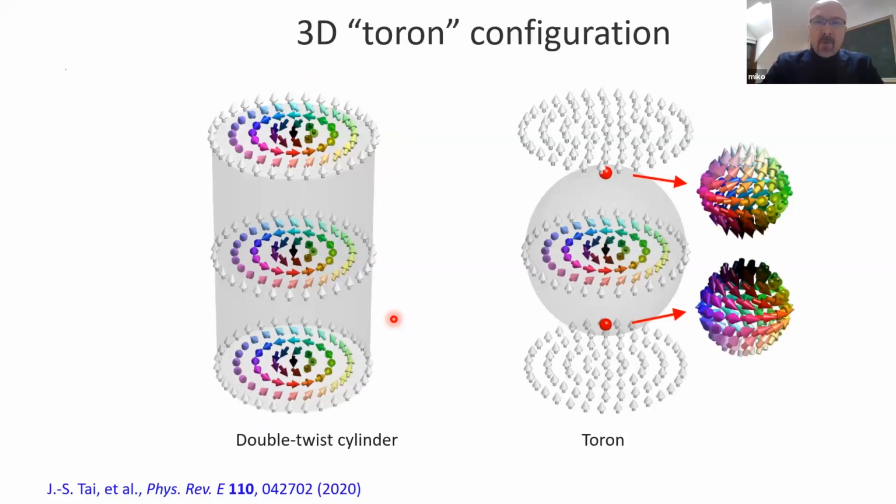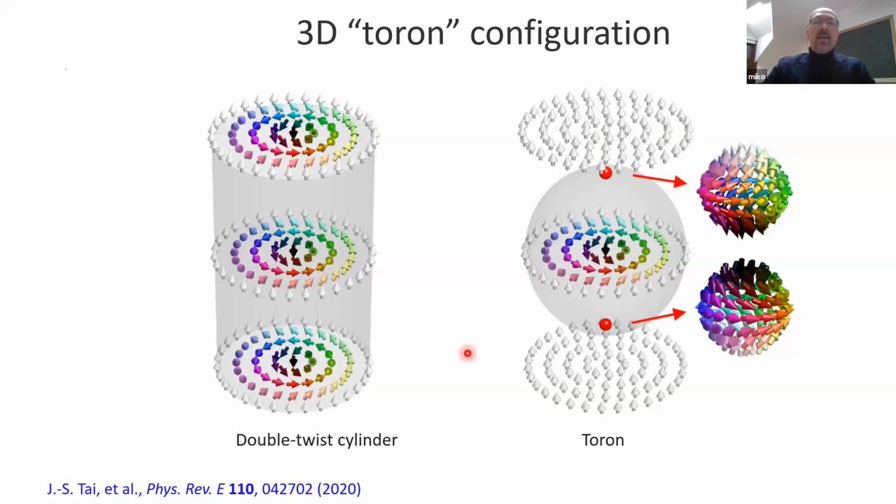But before we come to the motion of the skyrmions, let me briefly explain how we can realize these systems or these skyrmions in three-dimensional configurations. Experimentally, these quasi-particles are realized in chiral liquid crystals placed between two plates.